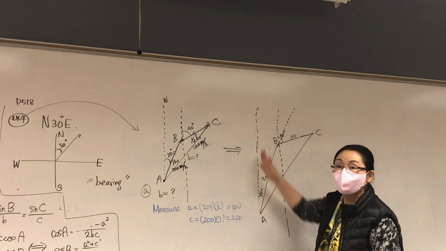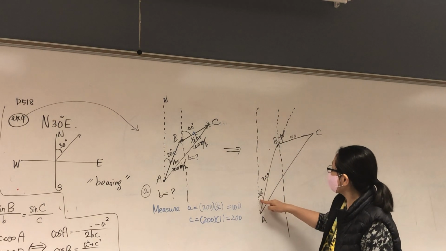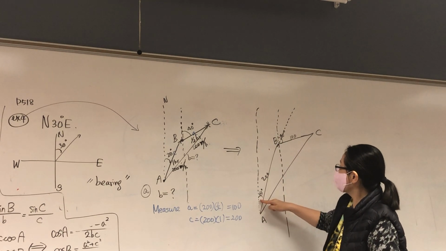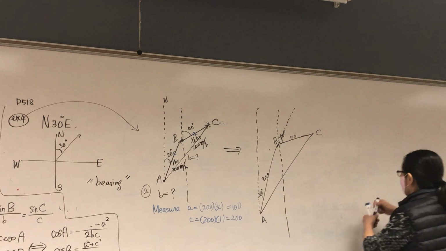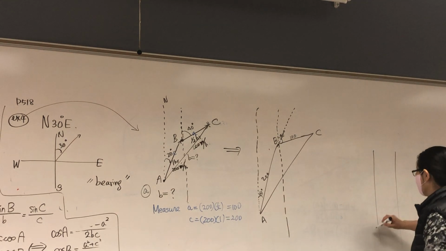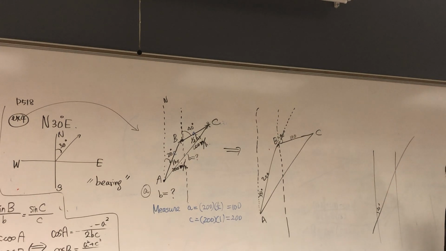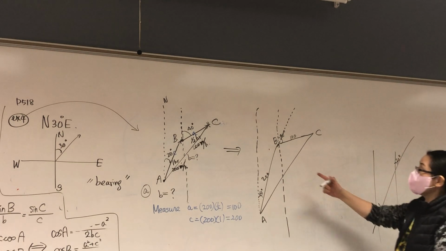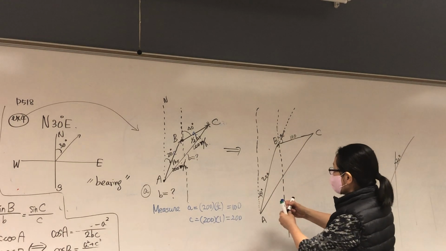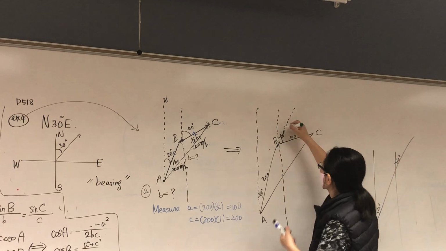This is parallel, right? This is 20 and then what? Where is 20? Here. This is 20, right? Here is 20, am I right? Yes. Here is 20, and then what is this?